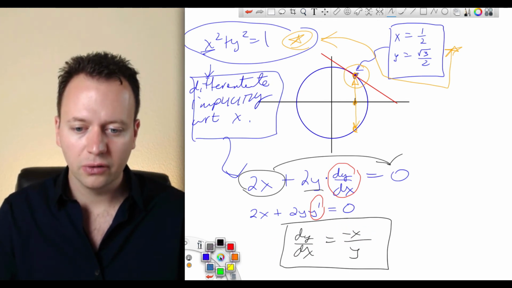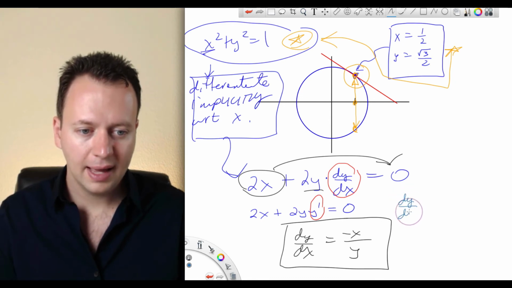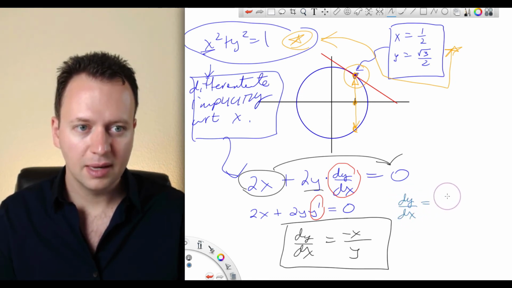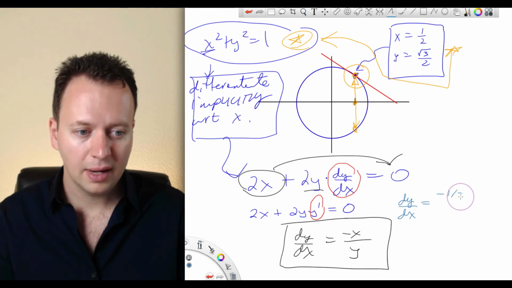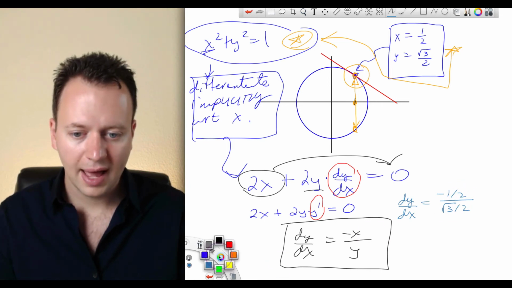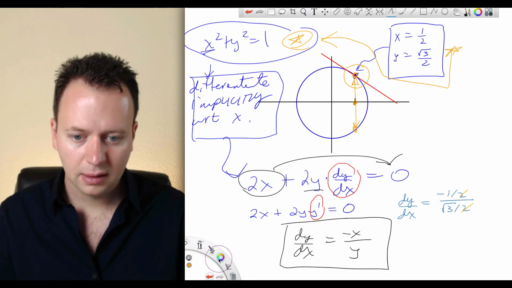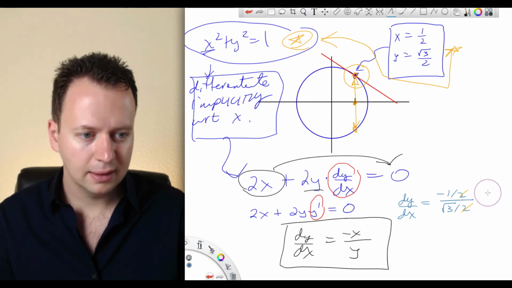So the derivative at this point is going to be minus x, so that's minus 1/2, divided by y, root 3 over 2. The 1/2s cancel. So we ultimately just get minus 1 over square root of 3.